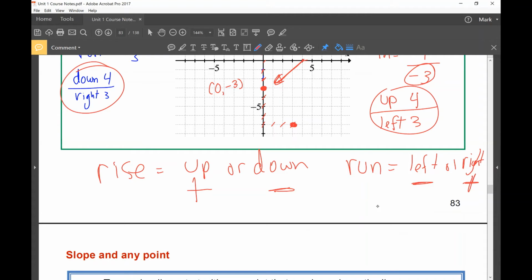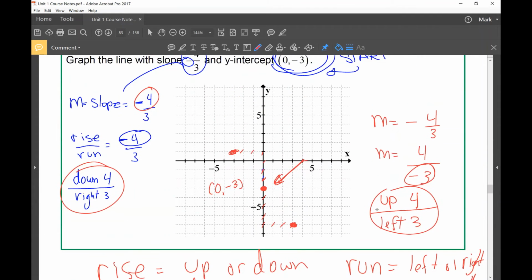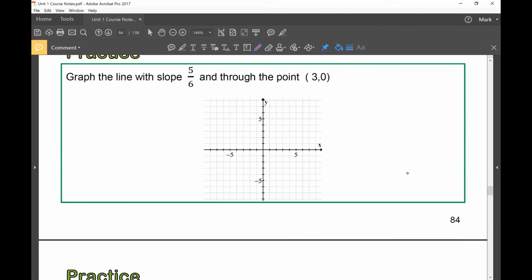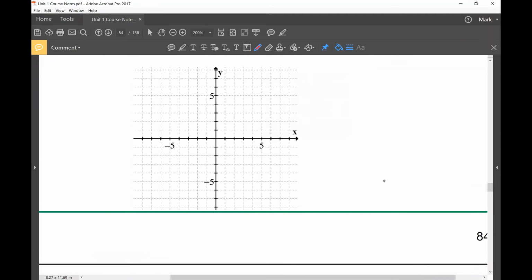Now, some of you guys might not be able to remember that, right? Like, how do I know up is positive and down is negative? How do I know the left is negative and right is positive? It's written here on this graph. Let me find you another graph to show you. Up is positive, right is positive.